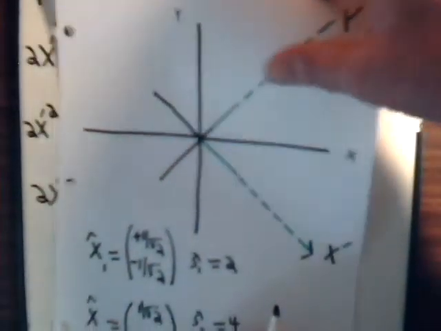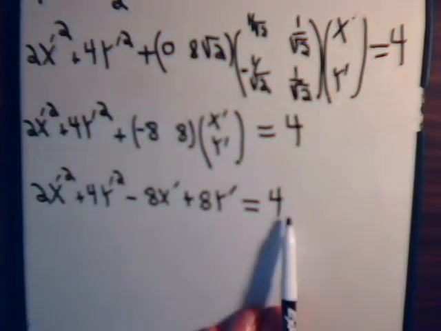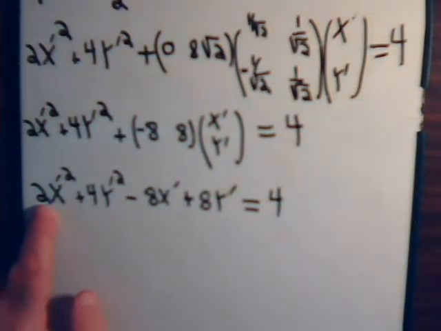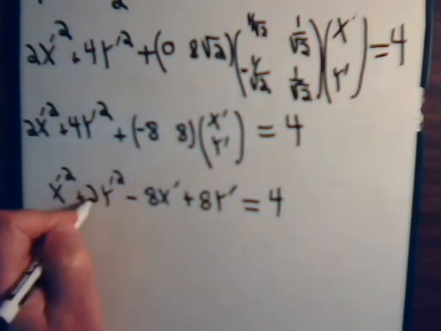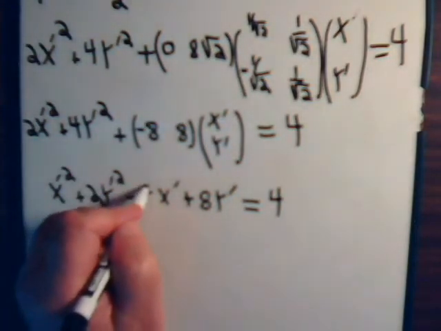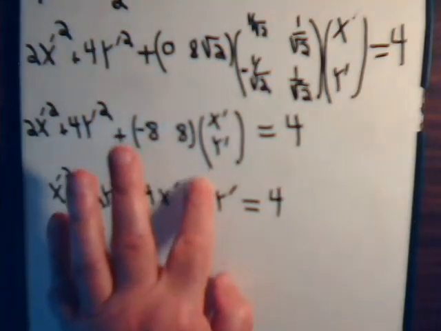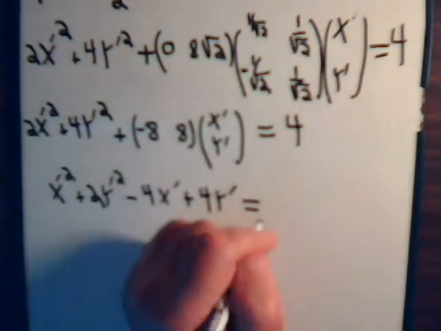To see exactly how that works, the first thing we have to do is complete the square on this. And that's pretty straightforward to do. First of all, it looks like we can divide everything by 2. And 4 divided by 2 is 2.